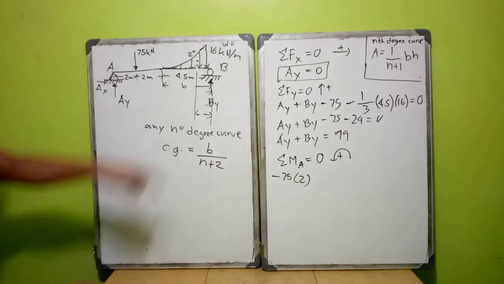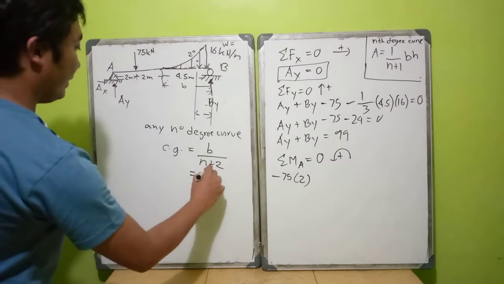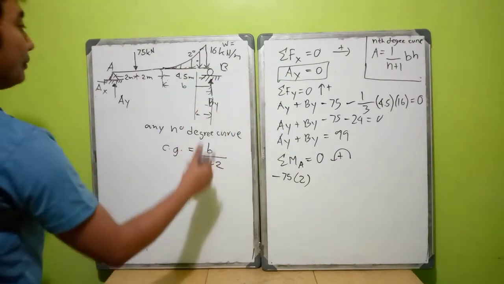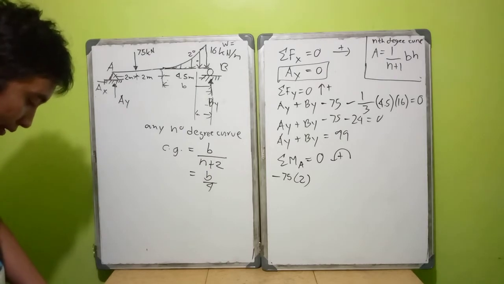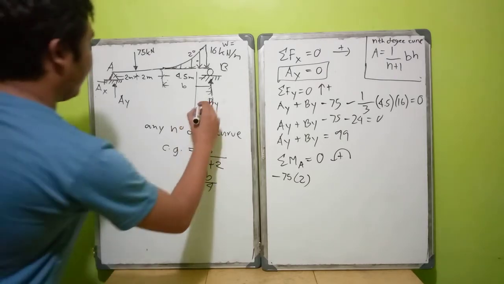Since this is a second degree curve, the CG from the right support is B over 4, so 4.5 divided by 4 is 1.125.